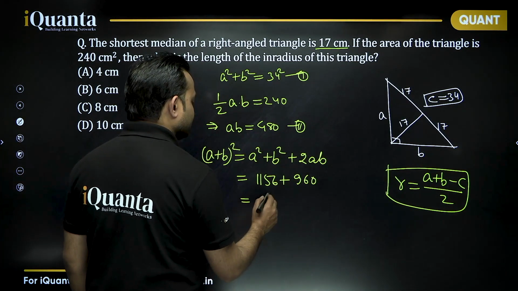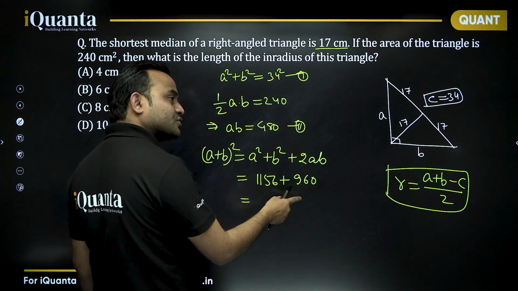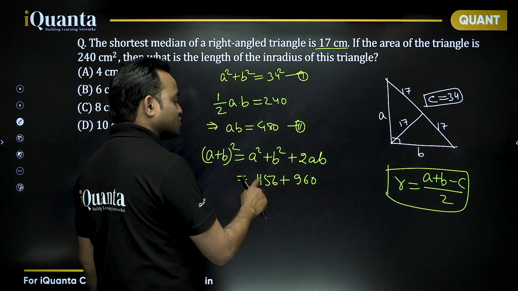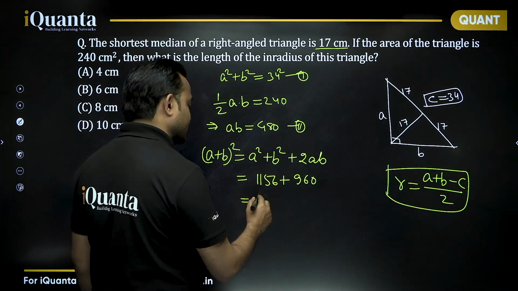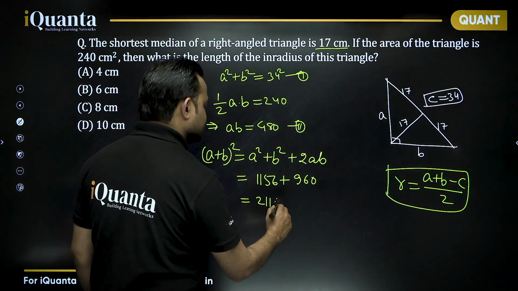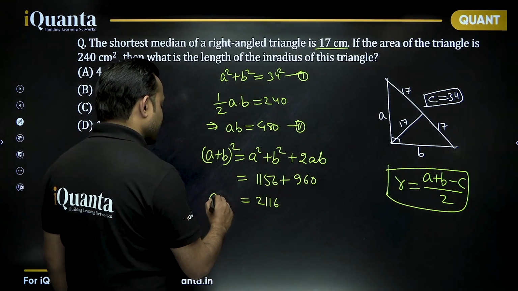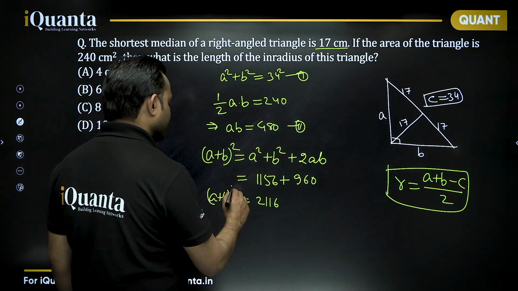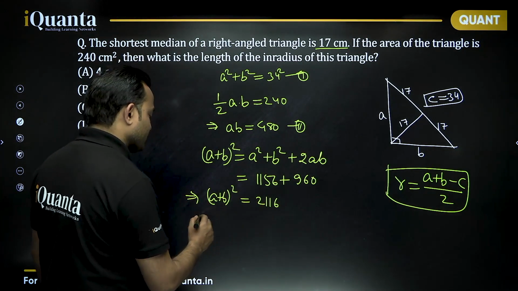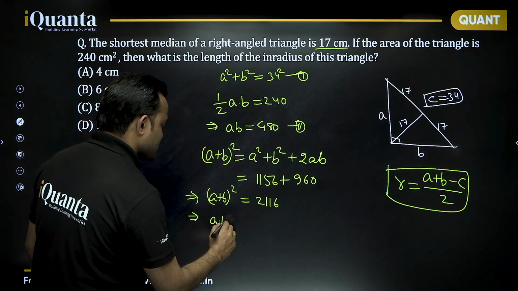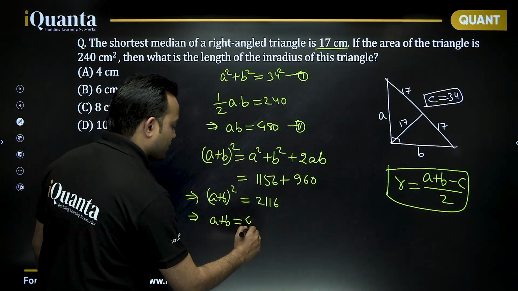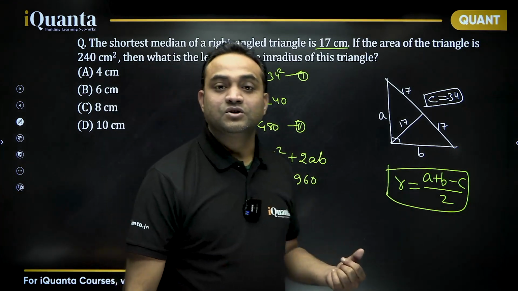So from there, this will be equal to, so add 2000, this will become 2156, then subtract 40, so 2116. So we can say A plus B whole square is equal to 2116, or we can say A plus B will be equal to 46. 46 square is 2116.